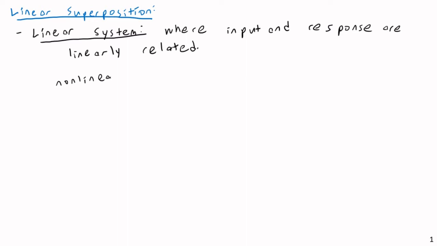Let me give you some examples of this. Nonlinear systems would be things like light intensity versus distance.